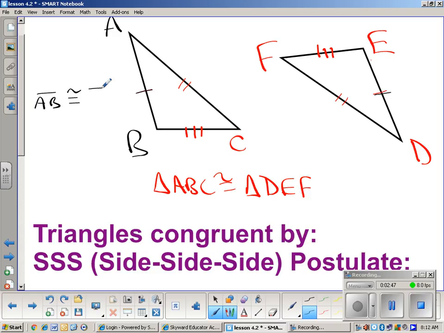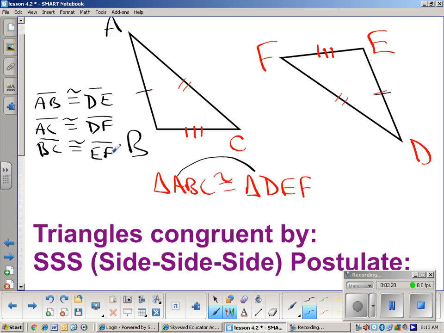Okay, segment DE. Okay, remember to match them up. A is first in this one, so D will be first in the second one. Okay? And so segment AC is going to be congruent to what? Segment DF. And then segment BC is going to be congruent to segment EF. Okay?